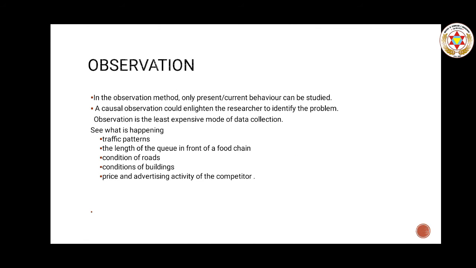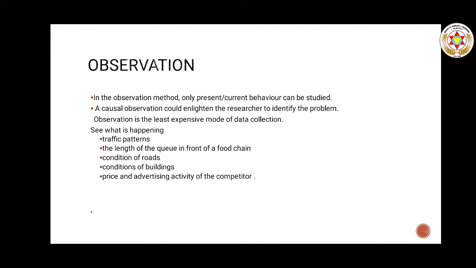So what is the observation method? In the observation method, only the present or current behavior can be studied. A casual observation could enlighten the researcher to identify the problem, and it is the least expensive mode of data collection.